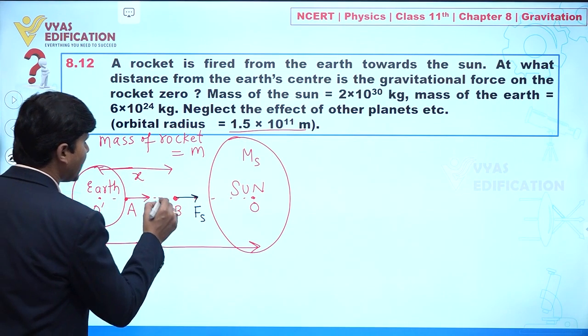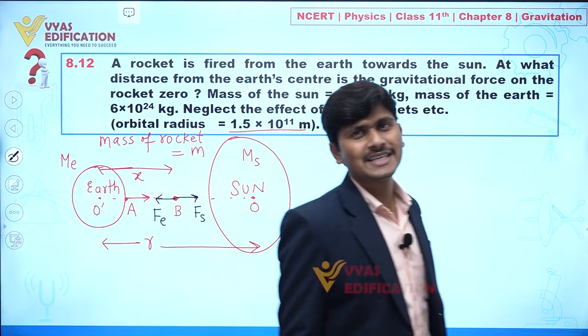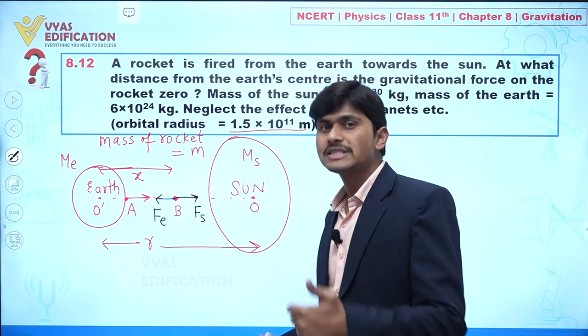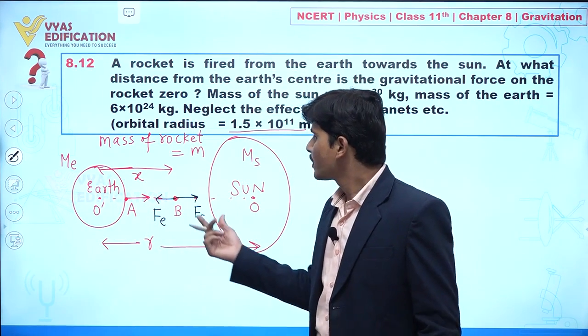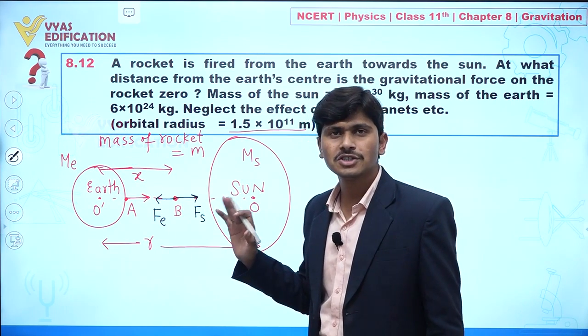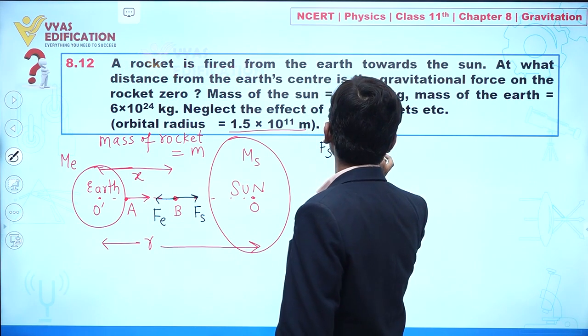Same here at point B, the earth is also exerting a force towards its center along the radius. So on the rocket two forces are acting by two different planets. We assumed that the net force is 0, so I can write Fs equals Fe.